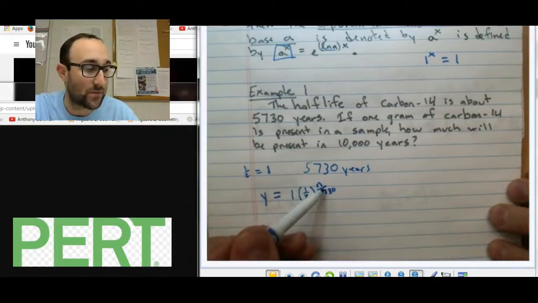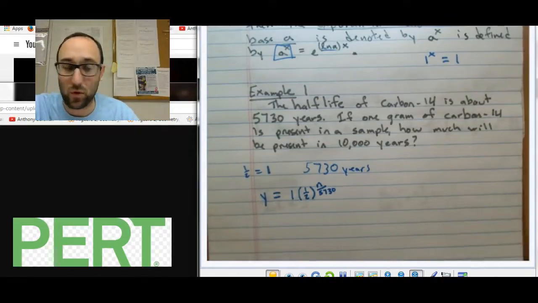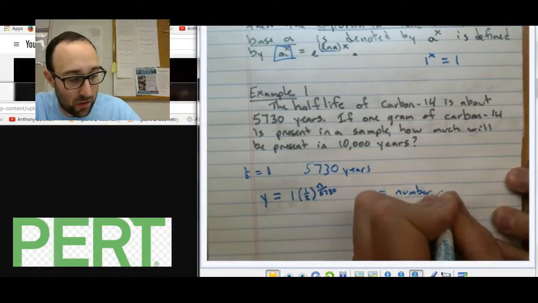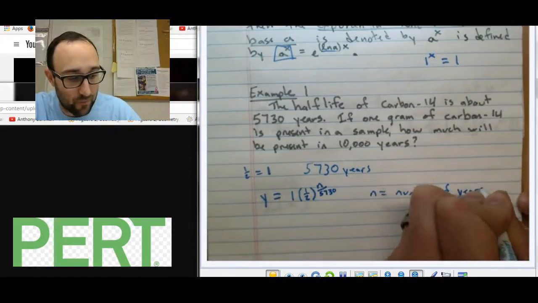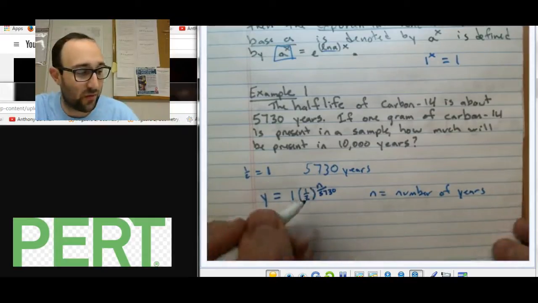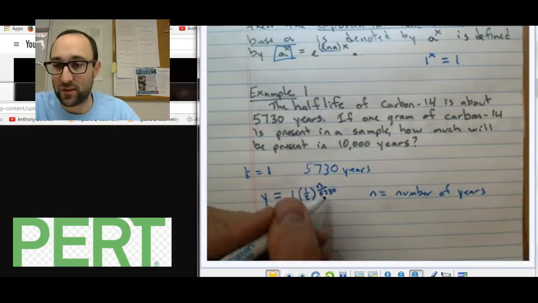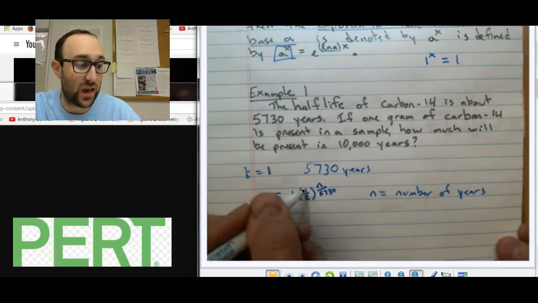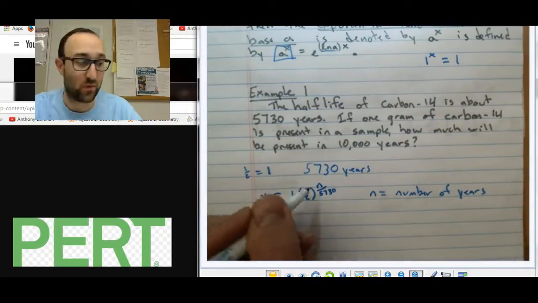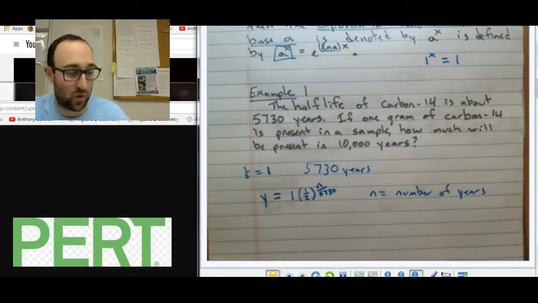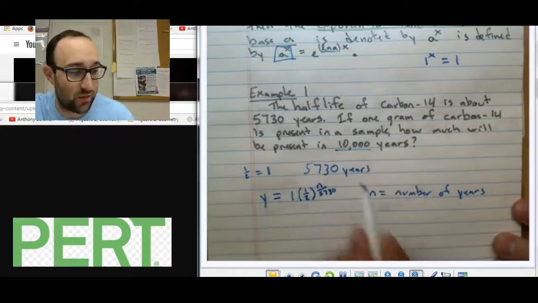So we want to know how many times are we going to take half of it, where n equals number of years. Because if we have 5,730 years, we're going to say 5,730 over 5,730, and that's going to be 1. So we're going to take half of it, which makes sense because we want to have half of this 1 gram left. Okay, so how many years are we actually talking about?